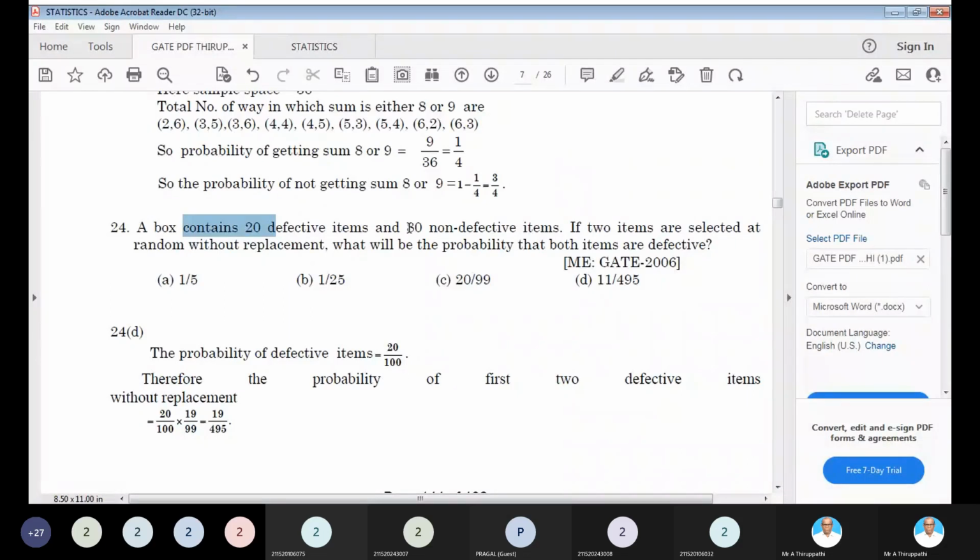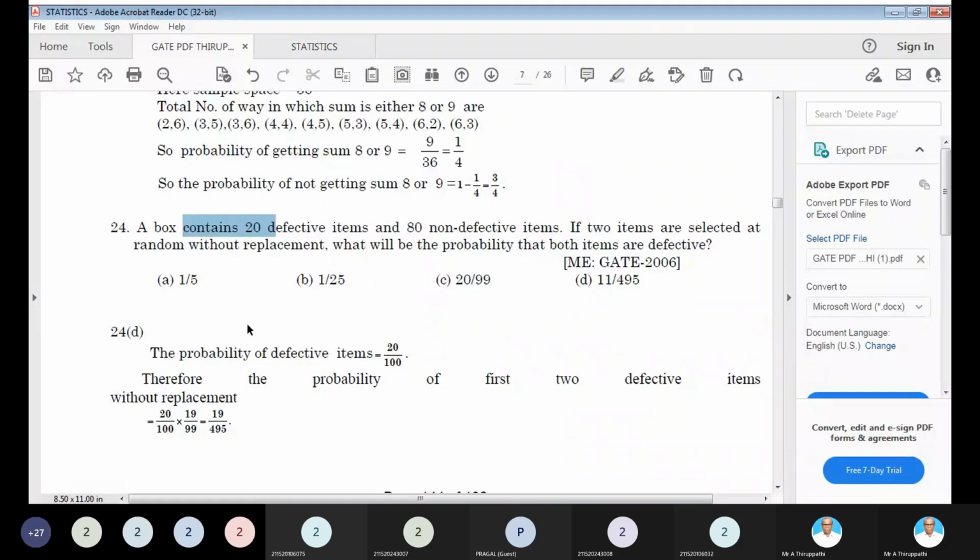Now, what will be the problem? Both items are defective. The first one is selected, 20C1 by 100C1. Again a defective item will be selected. Already one item is selected, so the remaining will be 19C1 by 99C1.